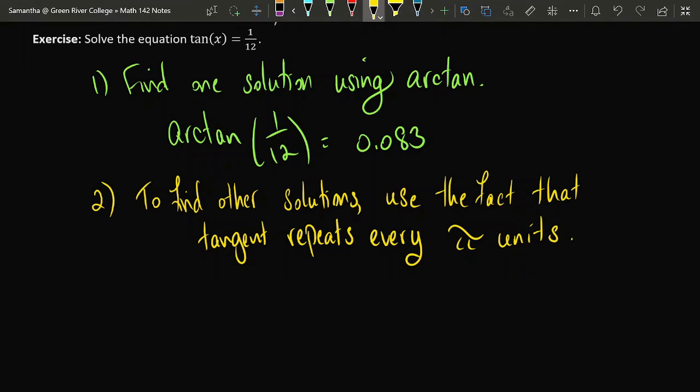Whereas the period of the sine and cosine functions was equal to 2 pi, the period of the tangent function was equal only to pi.